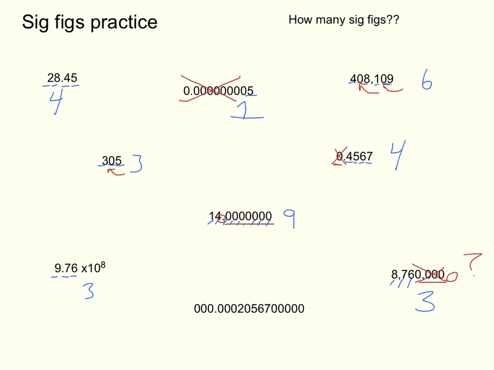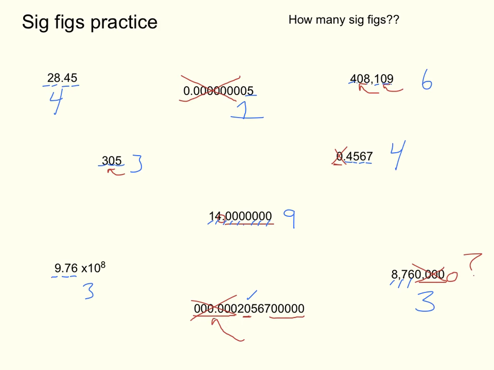Okay, let's move down to the bottom. This is a massive example with several rules in it, so let's get to it. First off, I see leading zeros, never significant. Second off, I see a 0 here, which is sandwiched between the 2 and the 5. So that 0 is significant. Lastly, I see that there are 5 trailing zeros.